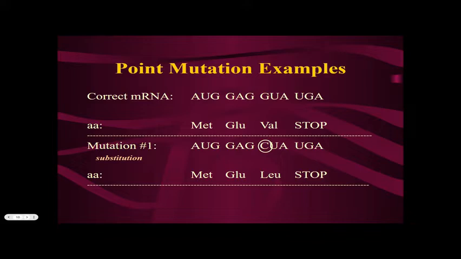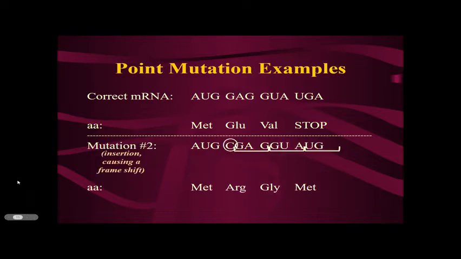And you can see where the substitution occurred. It's in the third codon. A C was substituted instead of the G. What that did is it caused that one codon to code for a different amino acid. So it disrupted the amino acid pattern in that one location.